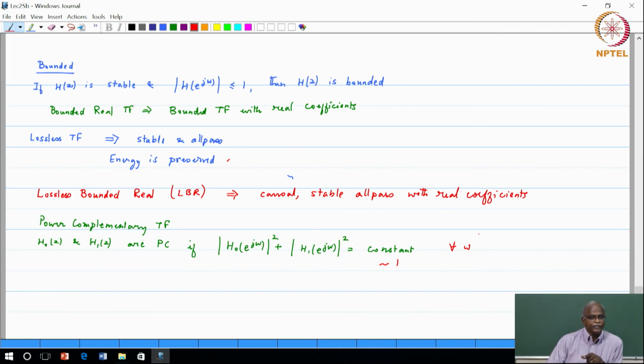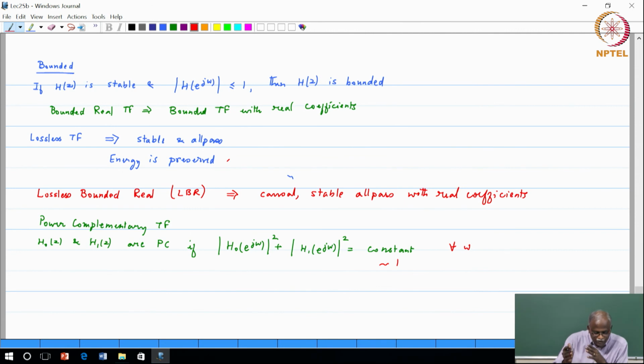We would like this property to be satisfied. And now we have seen this condition in the two channel case when I had linear phase. If I could construct those pair of polynomials to be power complementary, then I would not have to be doing this magnitude constraint. I would in fact get perfect reconstruction, because I have already eliminated aliasing, eliminated phase, and now they would be power complementary.